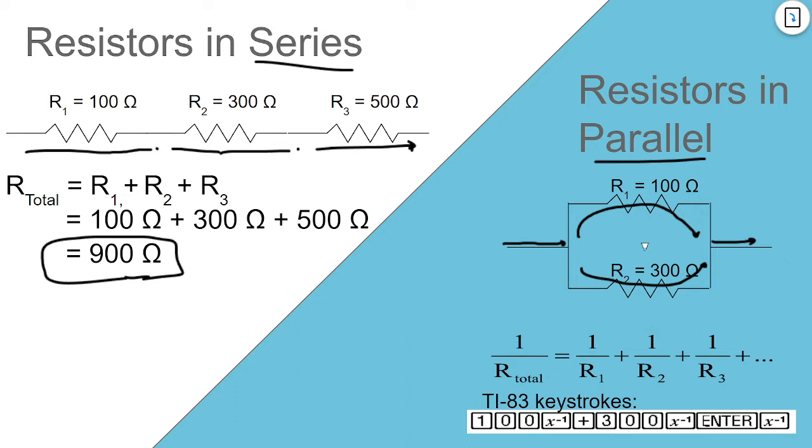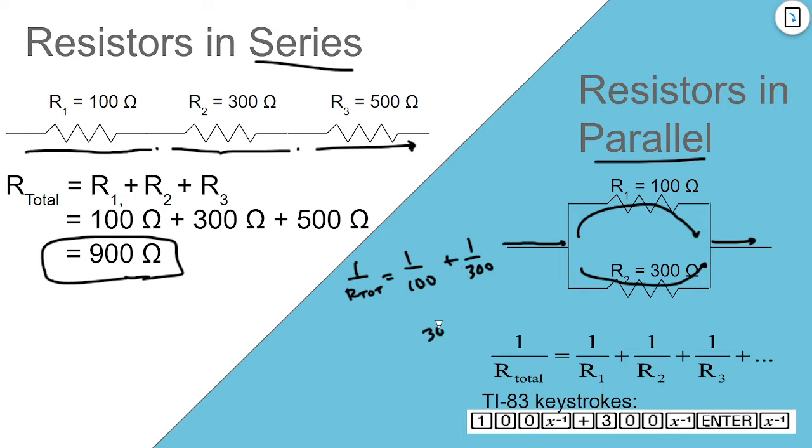If I wanted to add these 2, I could come down here and do it as a fraction. I could say 1 over R total equals 1 over the first one, which is 100 ohms, plus 1 over 300. And if I had more, I'd keep going, plus 1 over 500, whatever. I'd have to get a common denominator here.